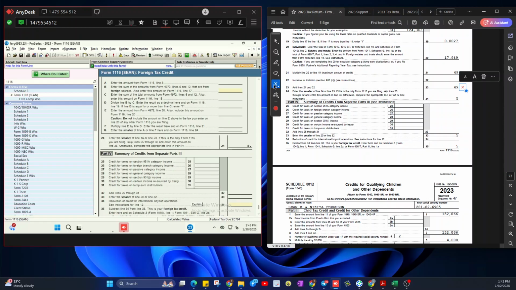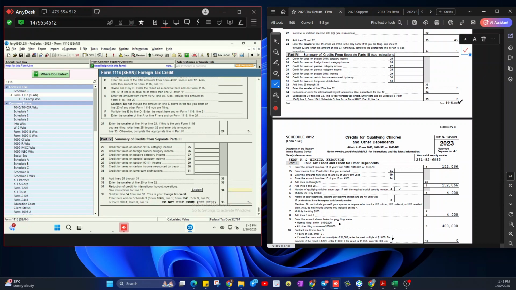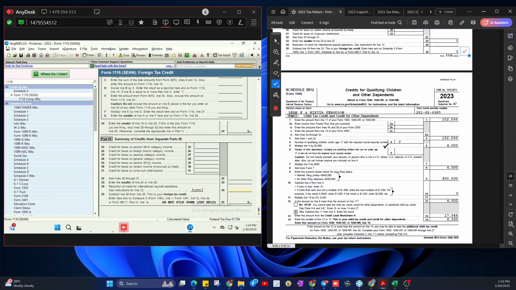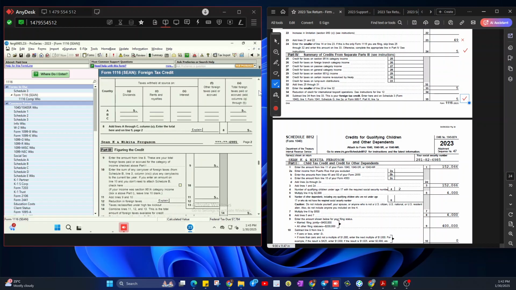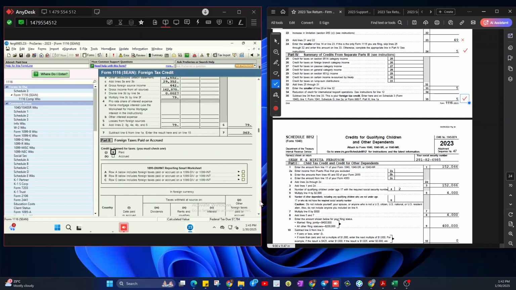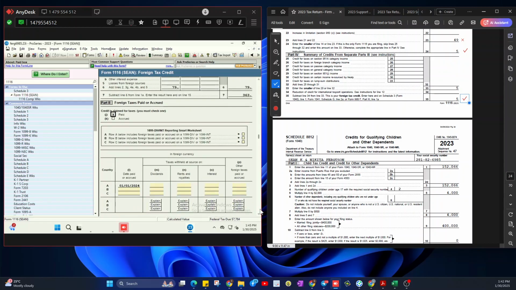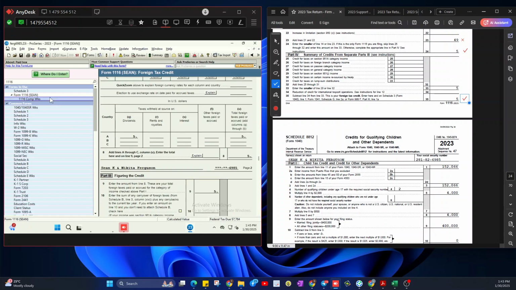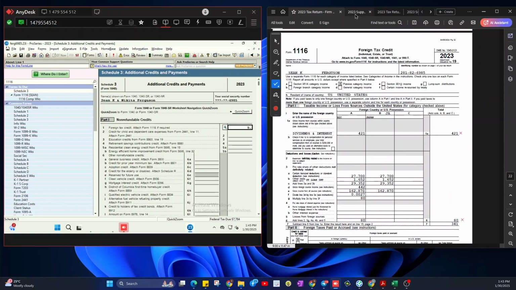So 25 per correct. Line 25 there. So the tax credit here, the $5 pushes to Schedule 3.